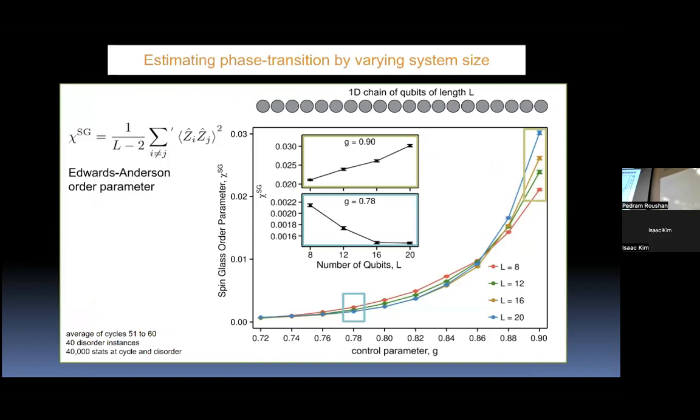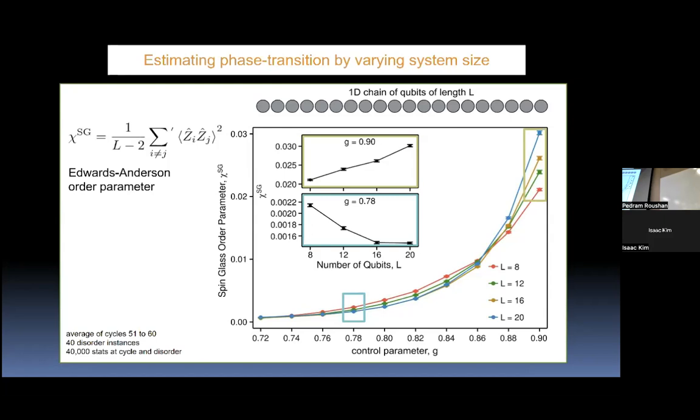The order parameter comes from the spin glass literature, which is the 2-point correlation function, summed over all possible combinations of qubits. It was very famous and very much used at the time in glass physics. It has nothing to do with glassy behavior in here, but it's just to add these correlations and see whether they are building up or not.